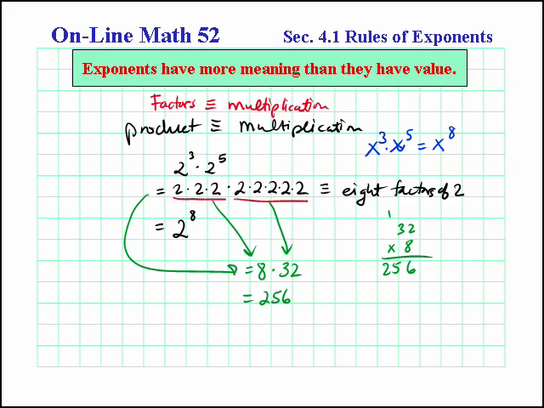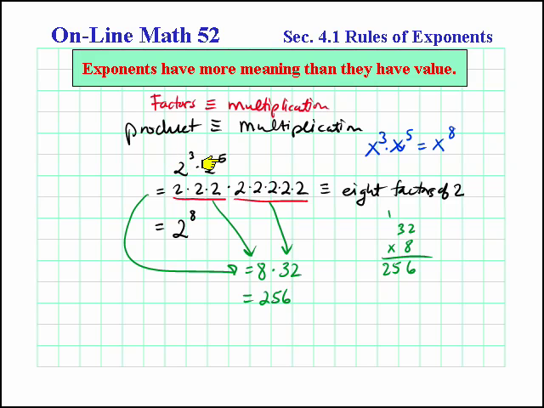Well, from this idea that exponents have more meaning than they have value, we develop over here how we can expand these values to get a new set of factors of 2 or sometimes of x. And what we recognize is that we end up with the same base, which is 2 in each case, but a new exponent based on the idea that we actually had to add these values together.